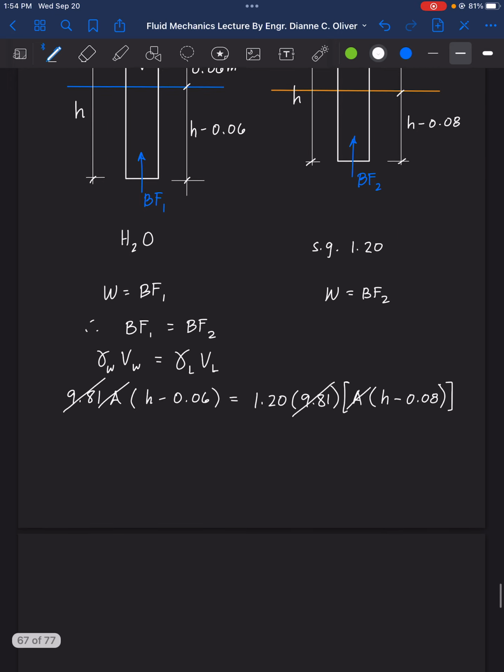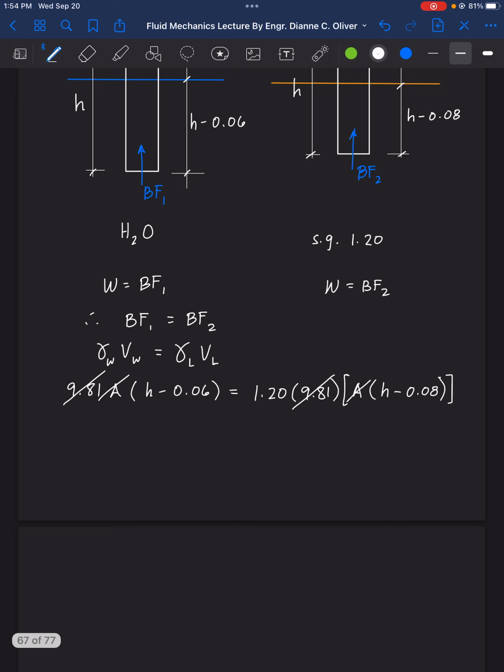So what's left? h minus 0.06 equals 1.20 times (h minus 0.08). That is 1.2 times 0.08, which is negative 0.096.